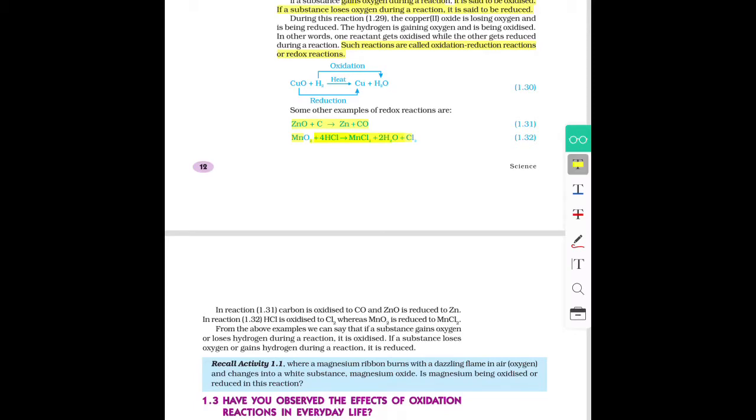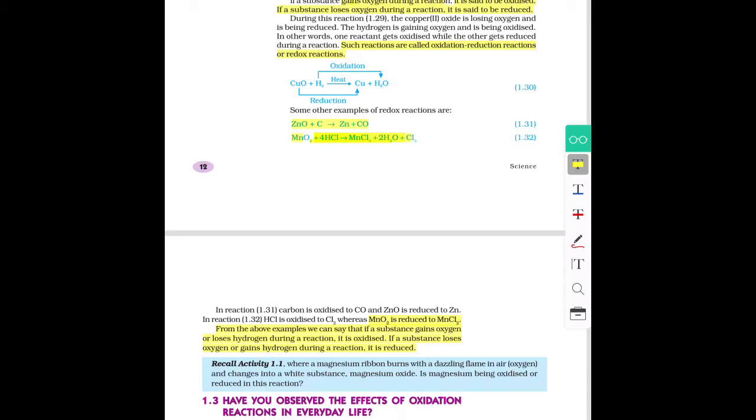So, it is very clear from the above examples what oxidation and reduction reactions are. When magnesium ribbon burns with a dazzling flame in air, it changes into a white substance, magnesium oxide. Is magnesium being oxidized or reduced in this reaction? Can you guess what is happening?